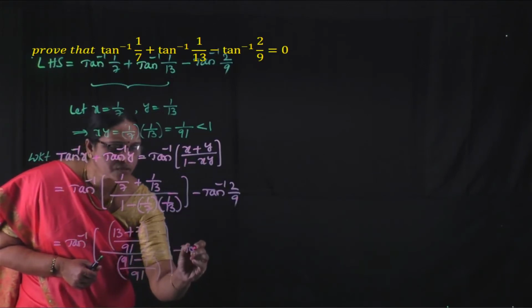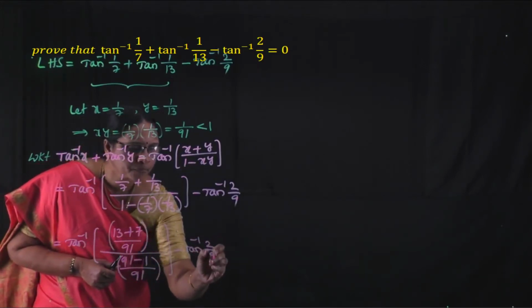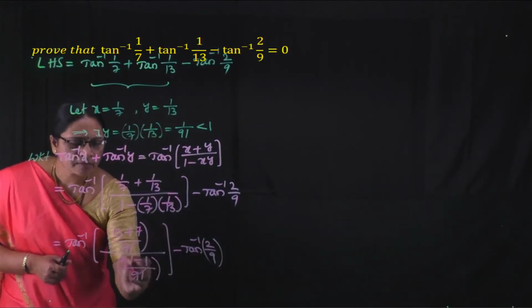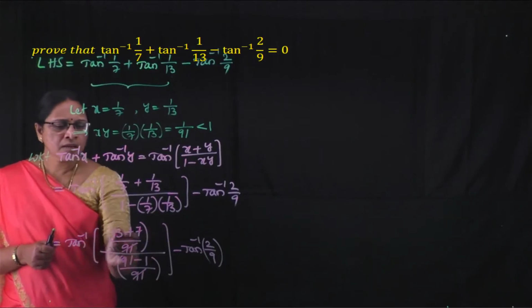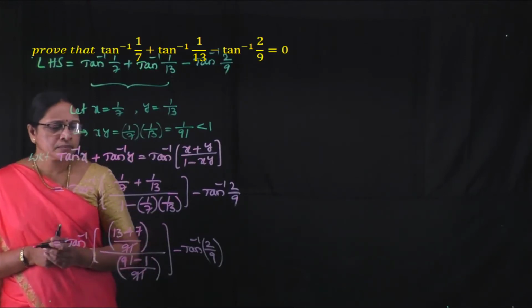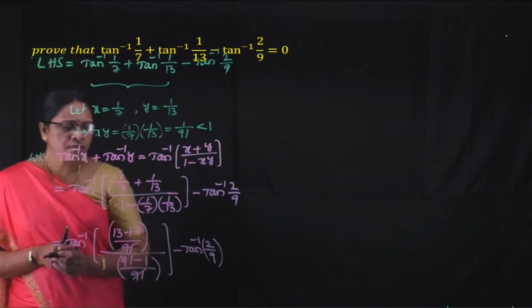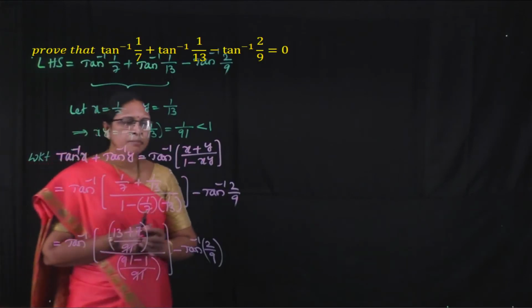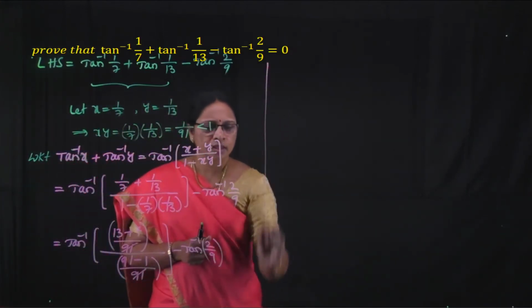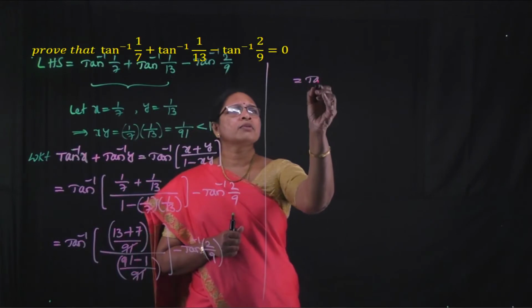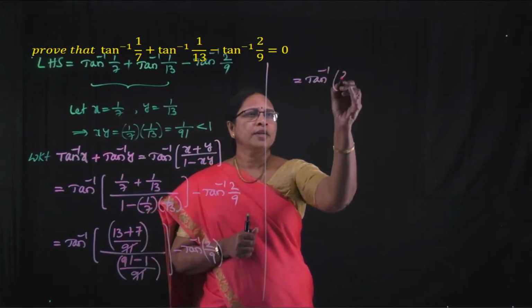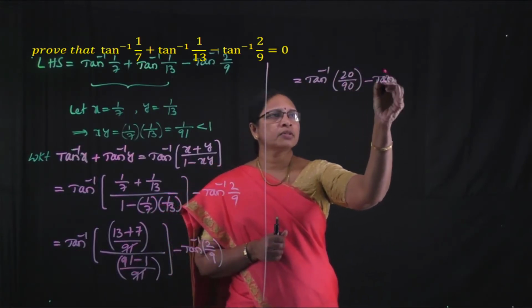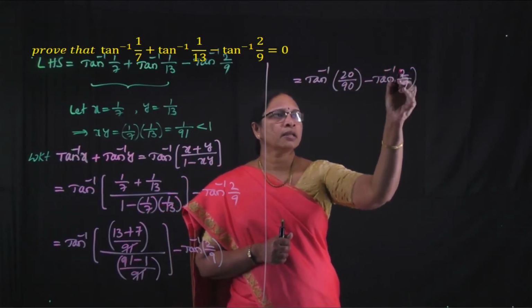Minus tan inverse of 2 by 9. Here LCM 91 gets cancelled. Tan inverse of 13 plus 7, that is 20 by 91 minus 1, 90. Here tan inverse of 20 by 90 minus tan inverse 2 by 9.